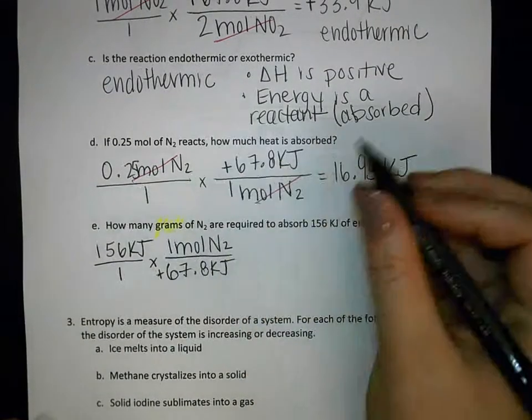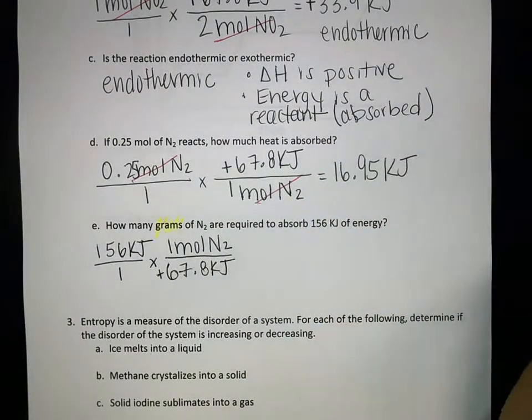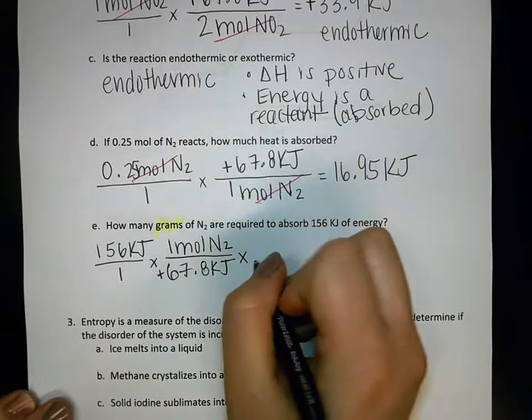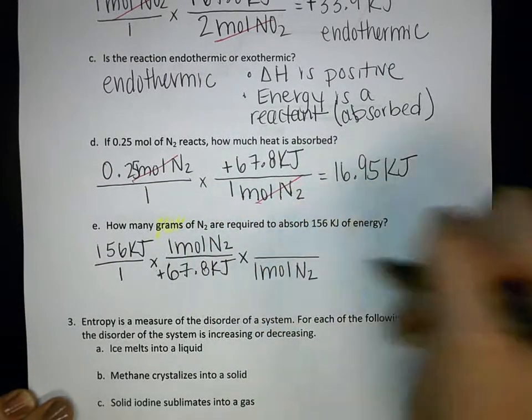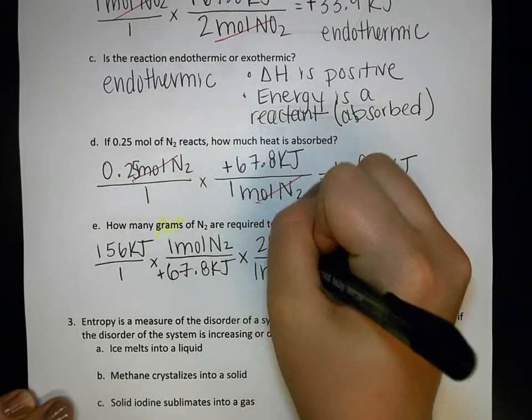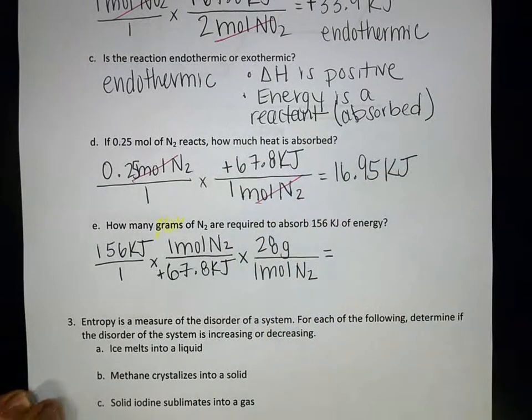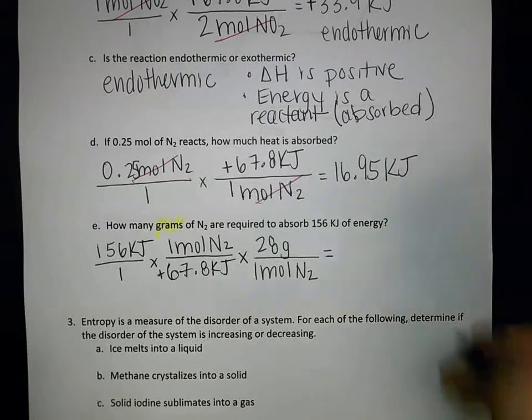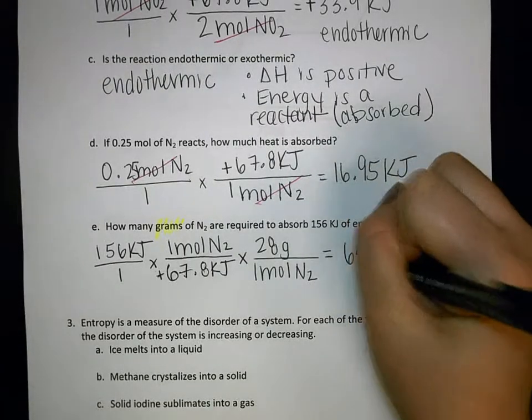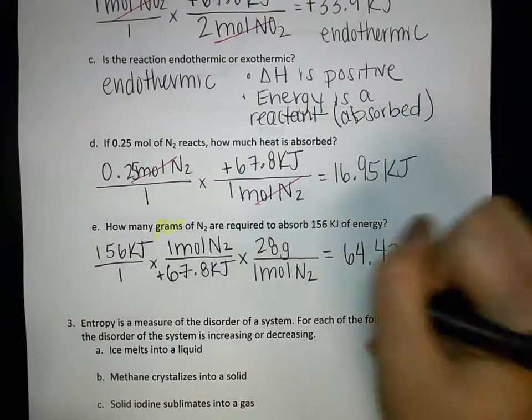If I solved right here, my answer would be how many moles of N2. But I don't want moles, the problem asks for grams. So 1 mole of N2 has a molar mass of 28 grams. Whenever we solve this, we end up with 64.42 grams of nitrogen.